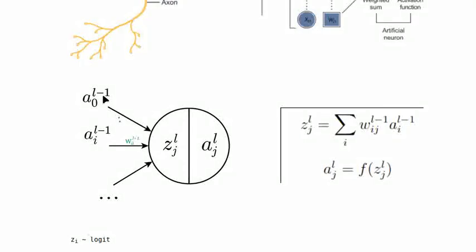So if L equals 1, then L minus 1 is 0, which is the input layer, and A0 is X0, x1, and so on. This neuron is connected by the weight wij L minus 1 to the jth neuron, from neuron I of the L minus 1 layer.